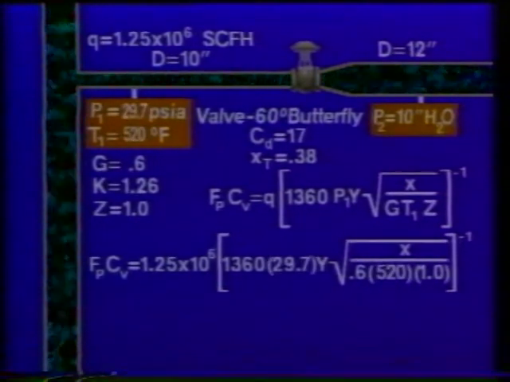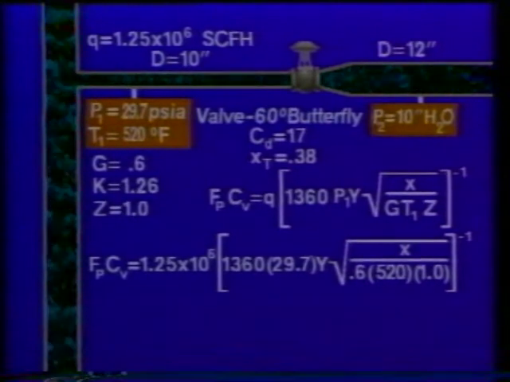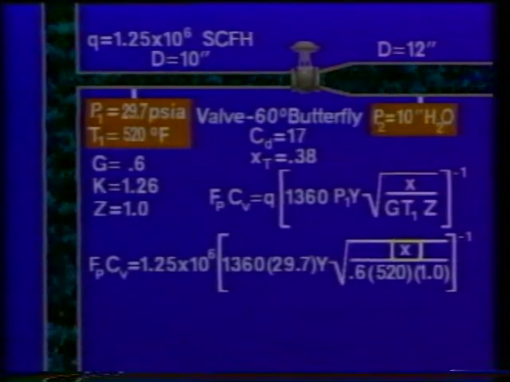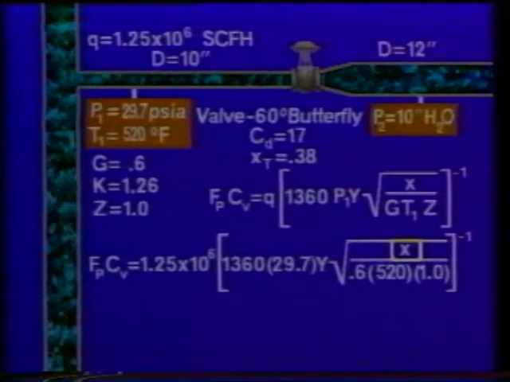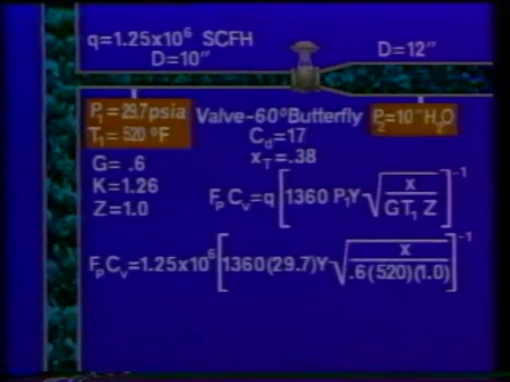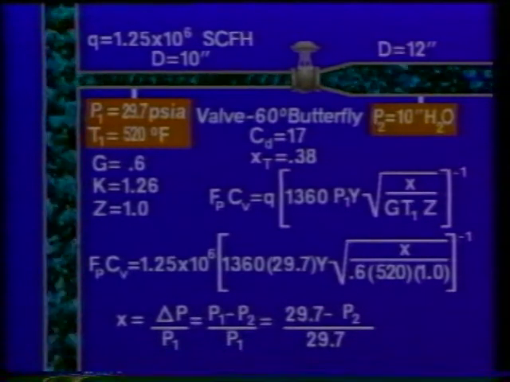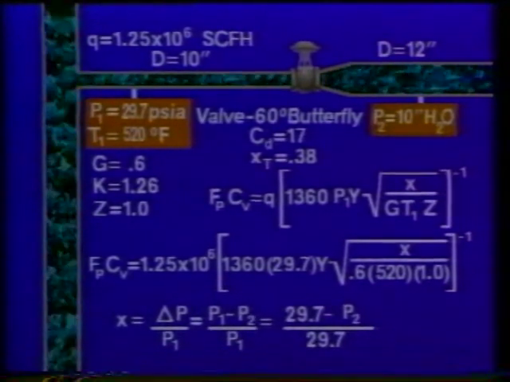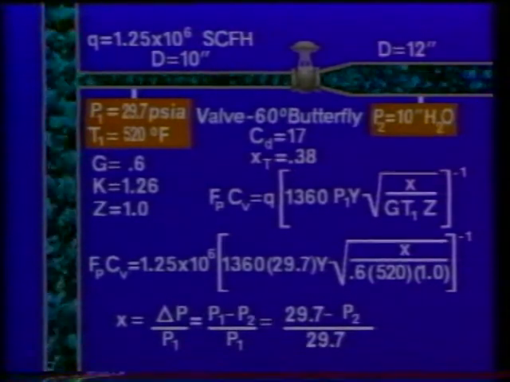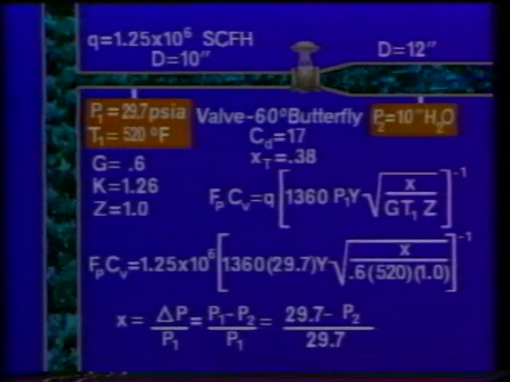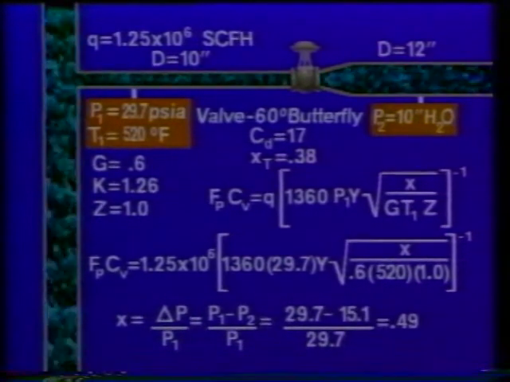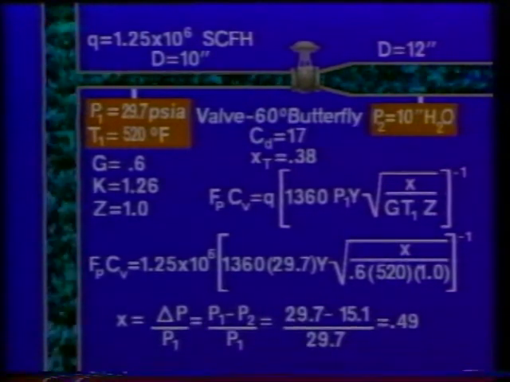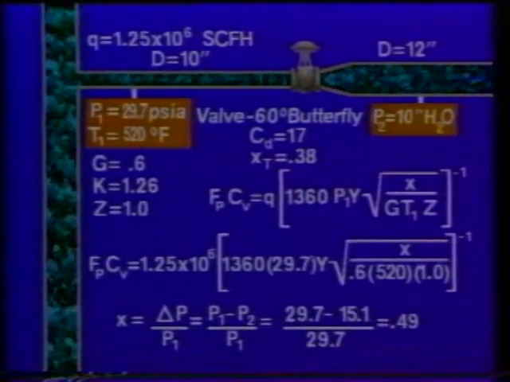When these values are placed in the equation, the only unknowns remaining are the expansion factor and the pressure drop factor. Now, you'll recall that X is used to calculate Y, so we'll determine its value first. X is found by solving this equation. It requires converting the value of P2 to an absolute pressure. By using a conversion factor and adding 14.7 to the result, P2 is found to be 15.1 psia, so X is equal to 0.49.